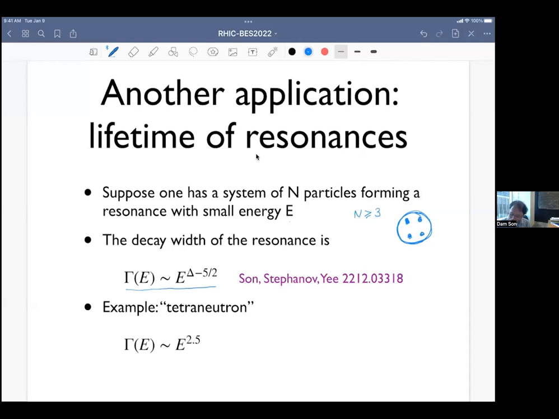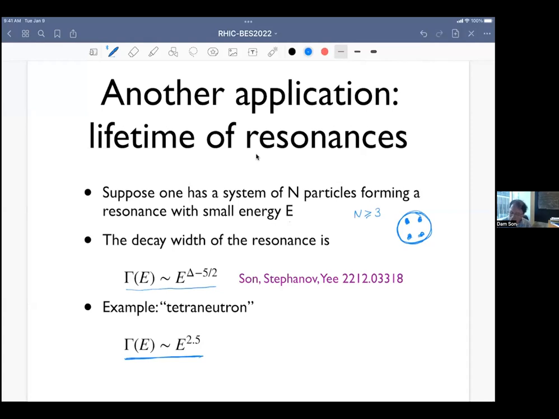If for some reason the nuclear force is such that this object is almost bound, then we know how the width would behave as a function of energy.